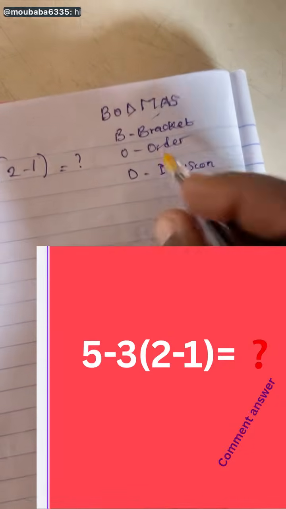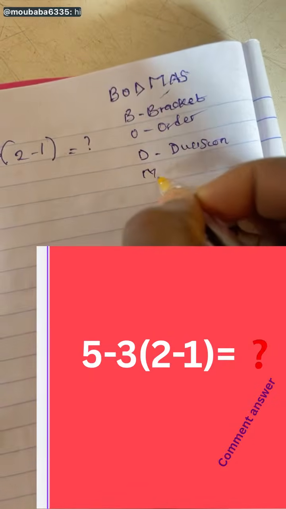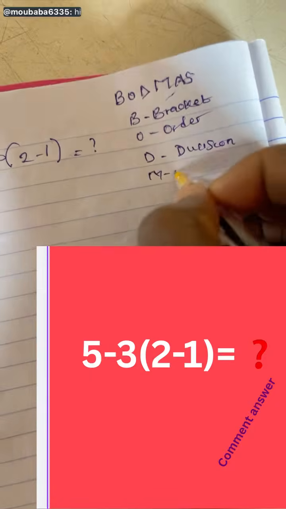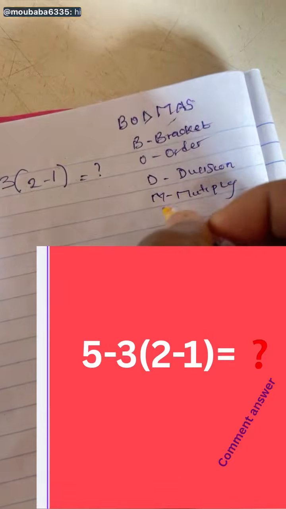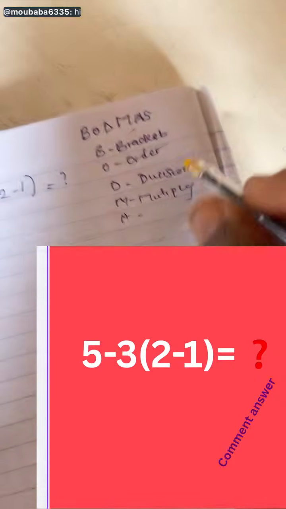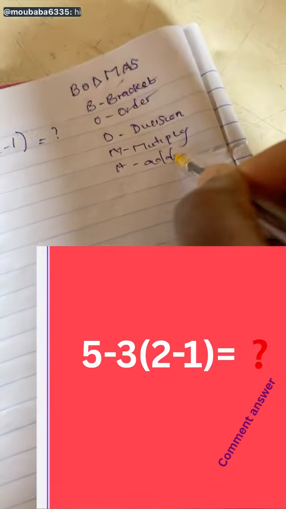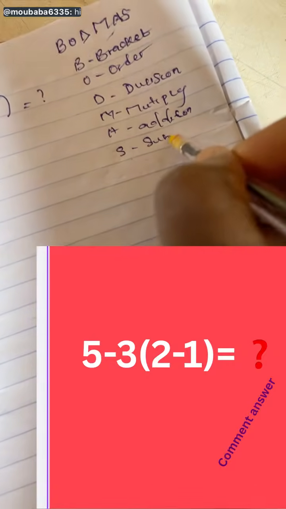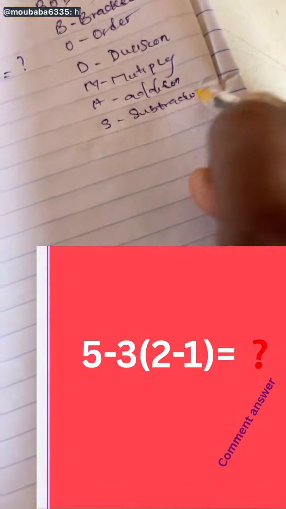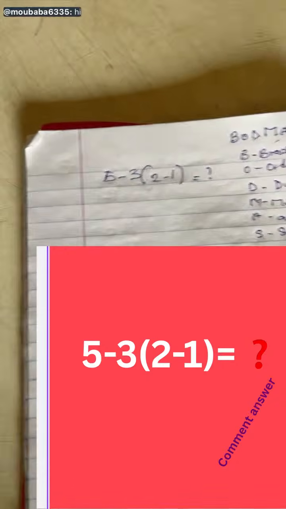M is multiplication. A is addition. S is subtraction. Okay.